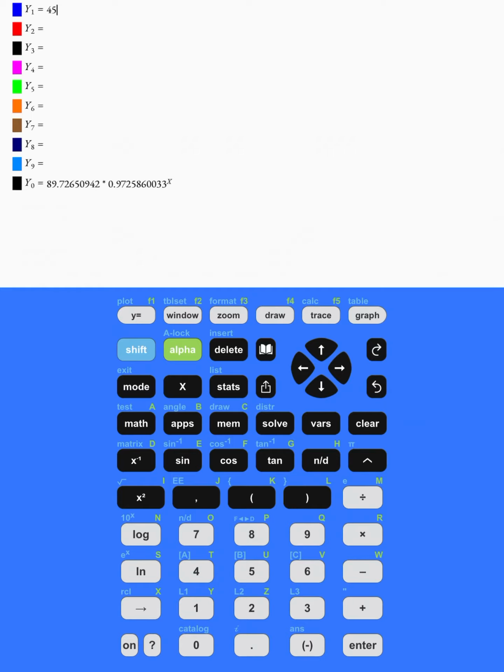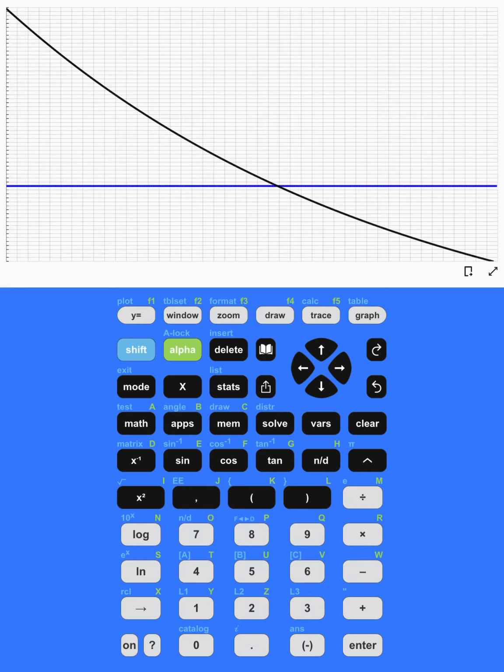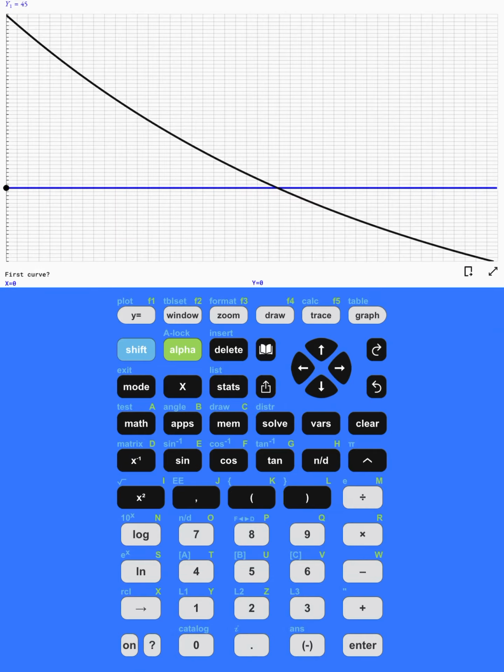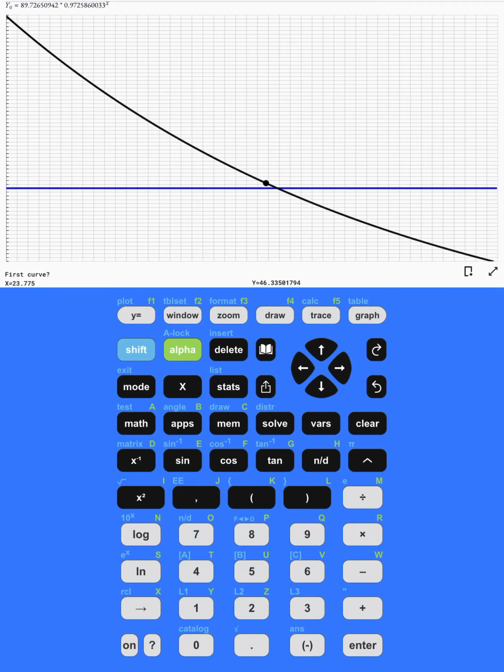Once you have 45 entered into your Y2 or your Y1, as long as your equation is visible, you want to graph it. You should see 2 graph pieces. Where they intersect is your solution. So you're going to press second trace, number 5, and go as close as possible to the intersection by moving your cursor left or right, and then press enter 3 times.